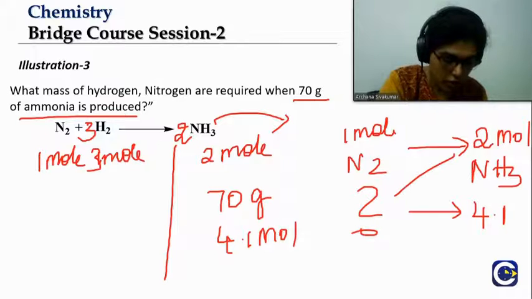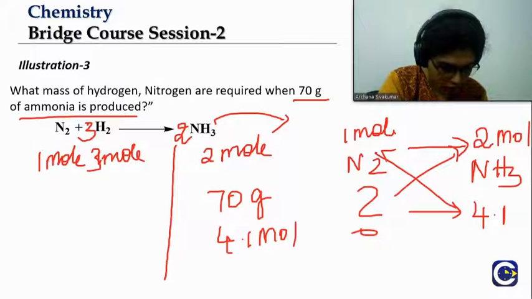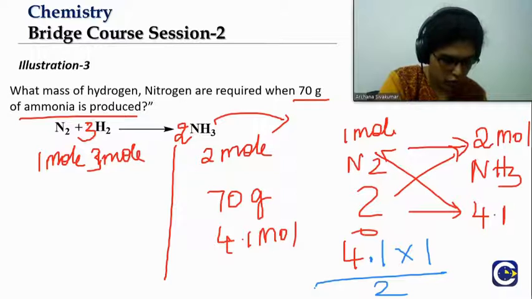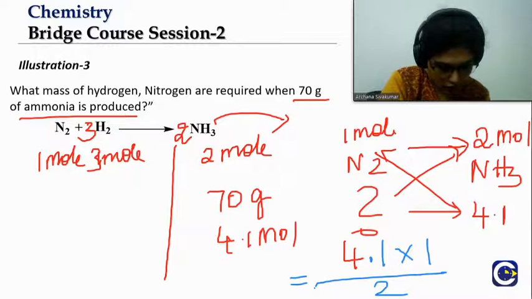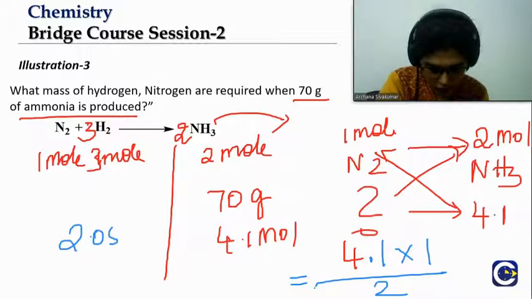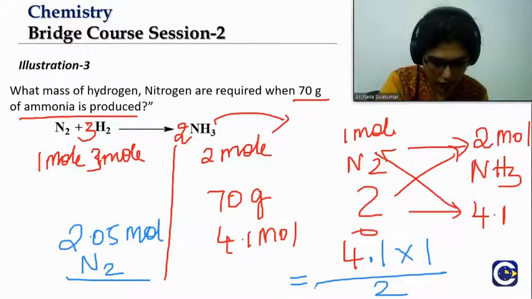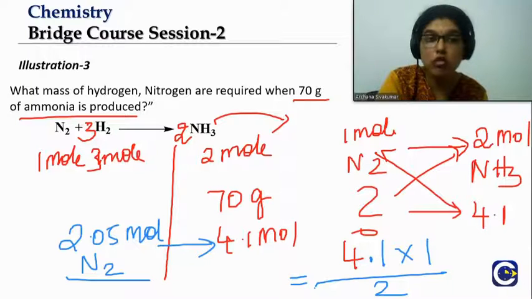So using cross multiplication, 4.1 times 1 divided by 2, you will get approximately 2.05 mole of nitrogen. So this is what is obtained.